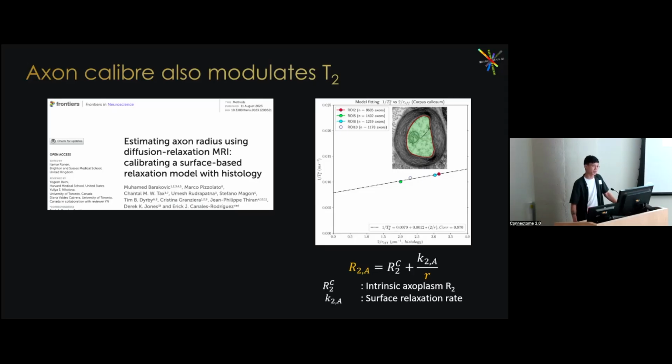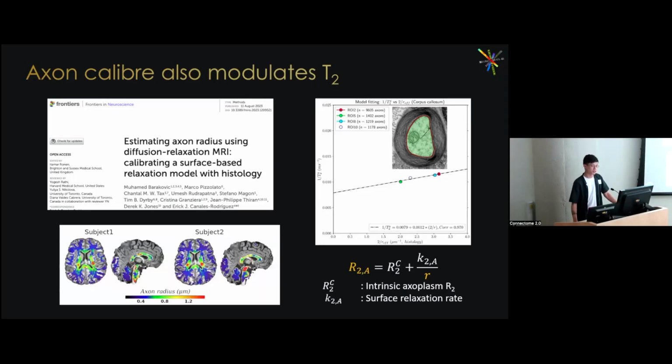That's very interesting because this provides another contrast mechanism that has an opposite effect on the axon size: the smaller the axon size, the stronger the contrast we can get. And by applying this method, they demonstrated that they can also obtain the in vivo axon diameter map, demonstrating similar contrast to what we can obtain with diffusion.